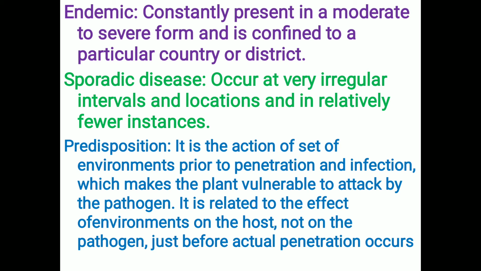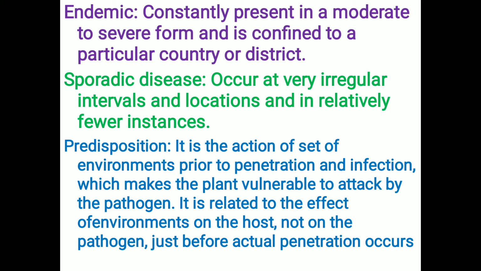Then predisposition means what? It is the action of a set of environmental conditions prior to penetration and infection, which makes the plant vulnerable to attack by the pathogen. Okay, so it is related to the effect of the environment on the host, not on the pathogen, just before the actual penetration occurs.